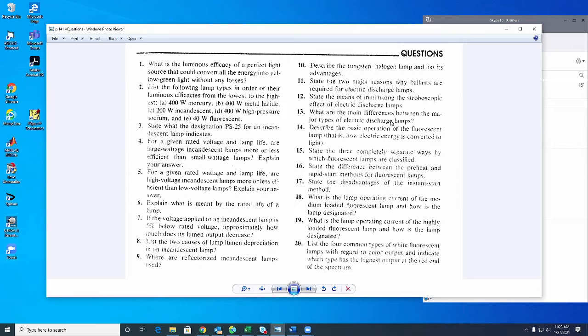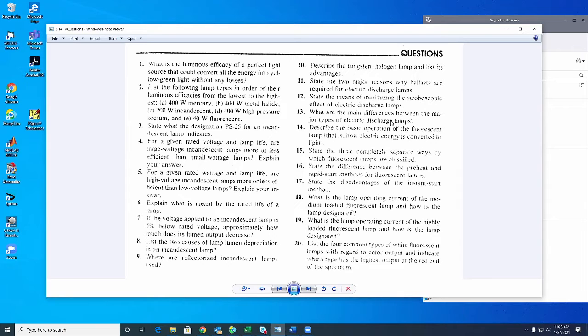Now another question is 4 and 5. They are related to lamp life. So what's the effect of voltage on lamp life? High voltage, low voltage. So remember, if we change the voltage, then the current through the lamp is going to be smaller.